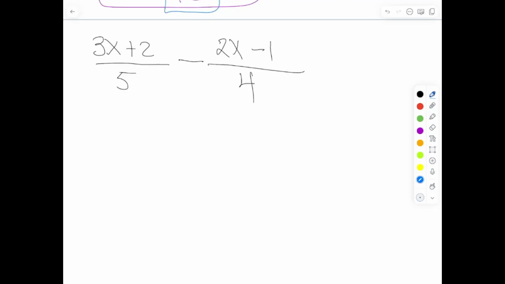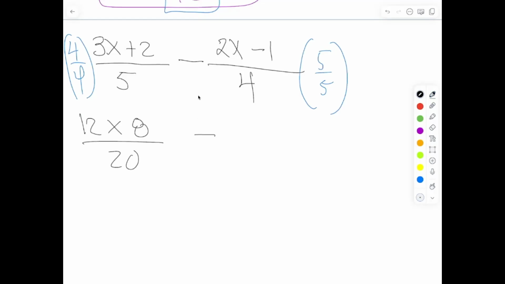You should multiply 5/5 on with the 2x minus 1/4, and then you could do 4/4 with the 3x plus 2/5, and then that would be 12x plus 6 over 20. Yeah. Cool.